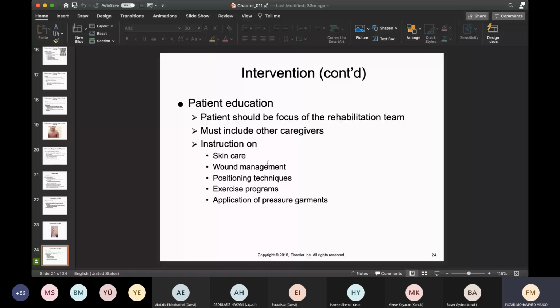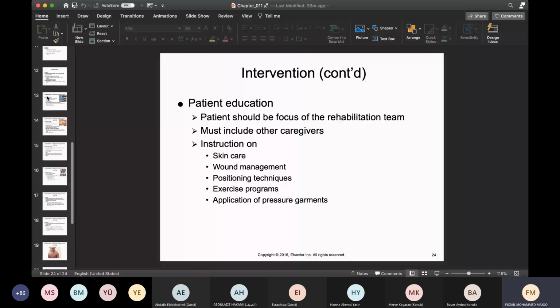Well, you teach them about skincare, wound management, positioning techniques, exercise programs, putting on pressure garments. All of these things must be visited and taught to the patient or the patient and the family members, or whoever the caregivers are for that individual.